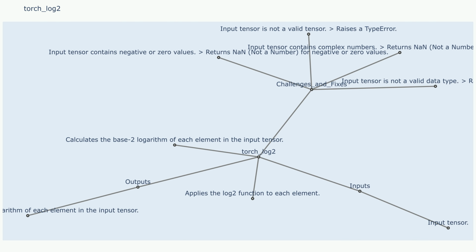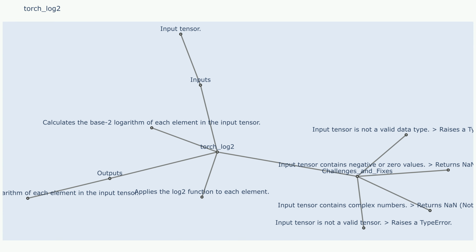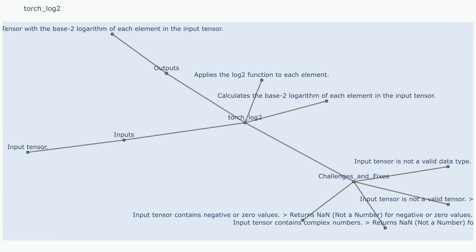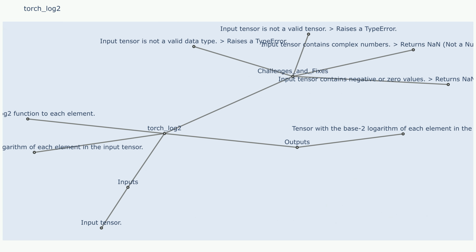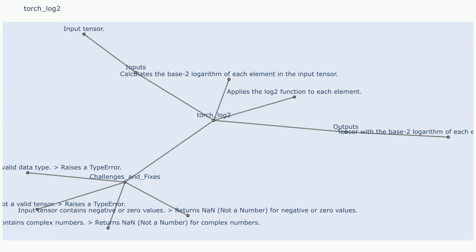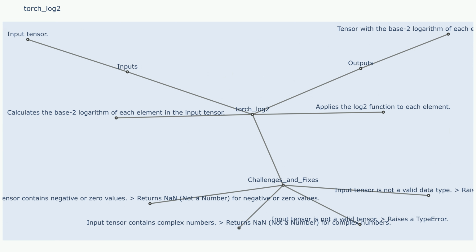torch.log2. Description. This function computes the base 2 logarithm of the input tensor element-wise. Inputs: a tensor of any shape containing the values to calculate the logarithm. Outputs: a tensor of the same shape as the input tensor, containing the element-wise base 2 logarithms of the input.